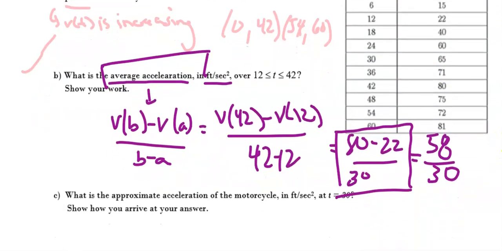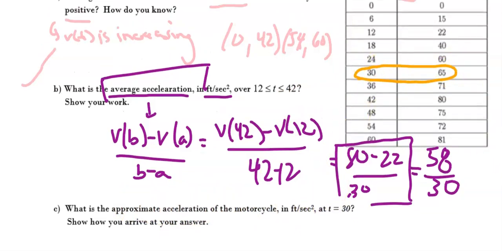And then the last example here, what is the approximate acceleration? So now we're looking at the approximate acceleration at time equals 30. This question comes up a lot in calculus. It says, what's the approximate acceleration of the motorcycle in feet per second squared at time equals 30?